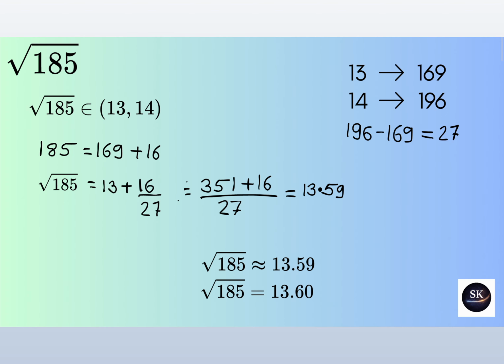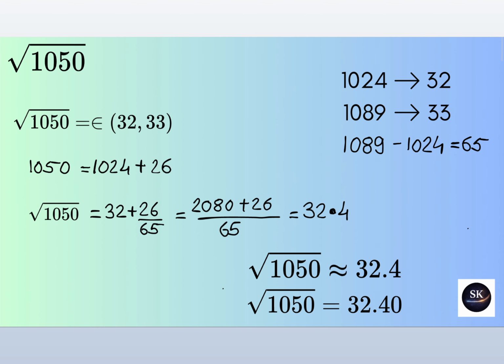Let's now push this method further by taking a very large number like root 1050. Again, the nearest perfect squares 1024 and 1089 have square roots 32 and 33 with difference 65. Again, we divide the distance between 32 and 33 by this number 65. So 1024 plus 26 will give us 1050.